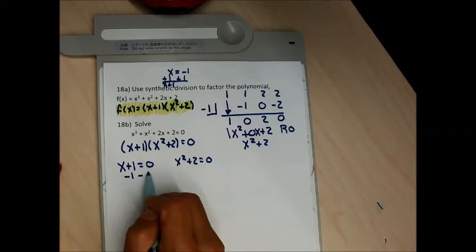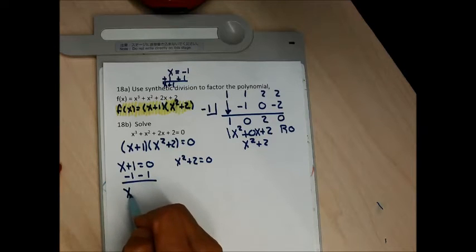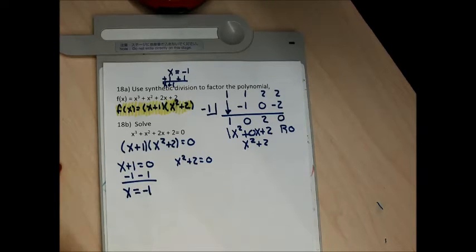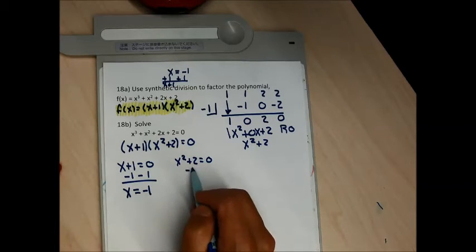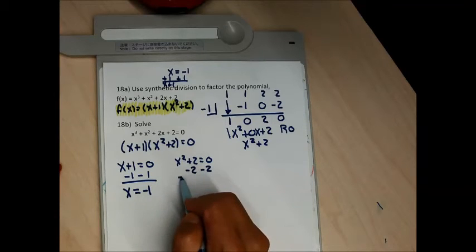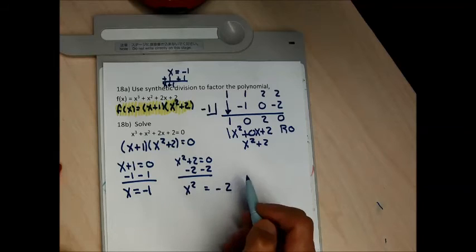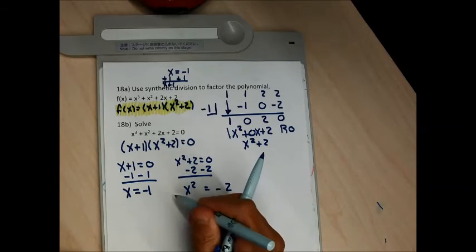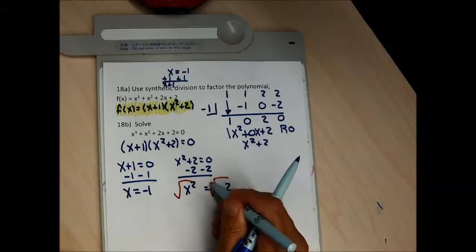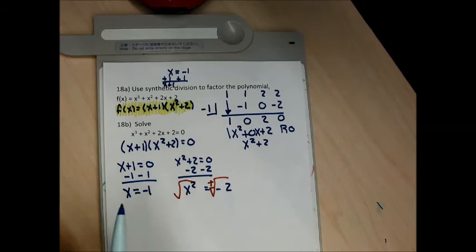X plus 1 equal to 0 gives me an answer of x equal to -1. X squared plus 2 equal to 0, I'm going to get an answer by square rooting like I did when I found that y-intercept. When I introduce a square root into a problem, I have to put a plus or minus on that square root.